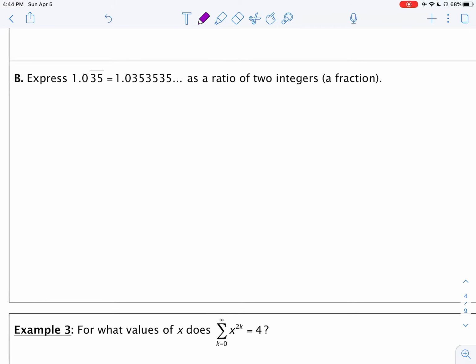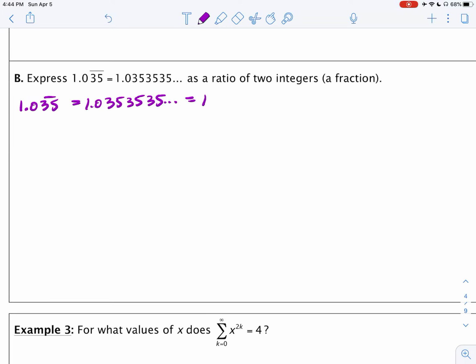So first off, I just want to go back to my pre-algebra skills and expand 1.035, that repeated decimal, in expanded form. So 1.035 is going to equal 1.0353535 dot dot dot.